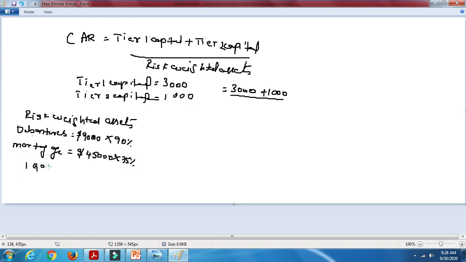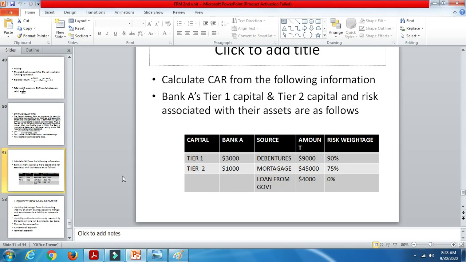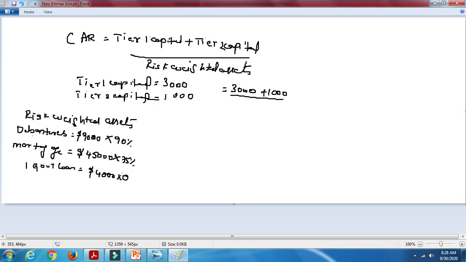Another one is government loan, $4,000. This has been given as 0%. You can check over here. So you need to just calculate the percentages and add them. 9,000 into 90% will come to $8,100.